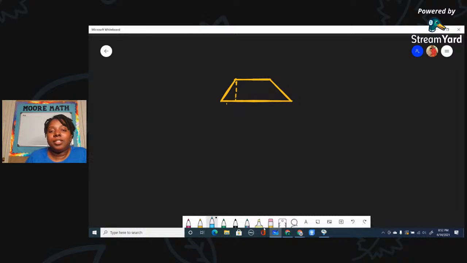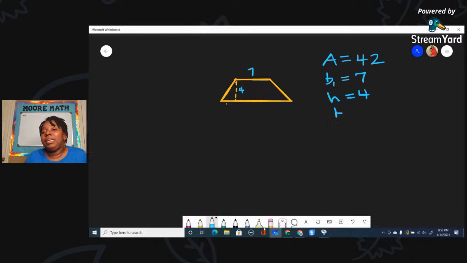Our base 1 is 7. We don't have base 2. Our height, I'm just making this up, is 4, and let's say our area is 42. So we have base 1, which is 7, the height, which is 4, and we need to find base 2.